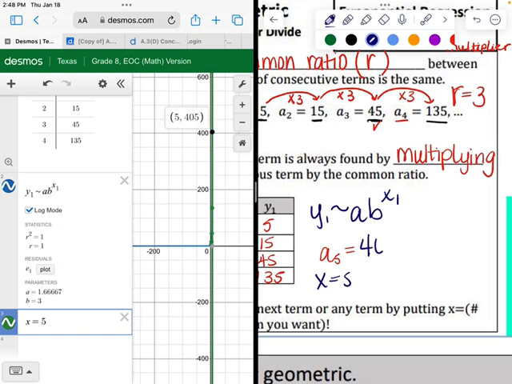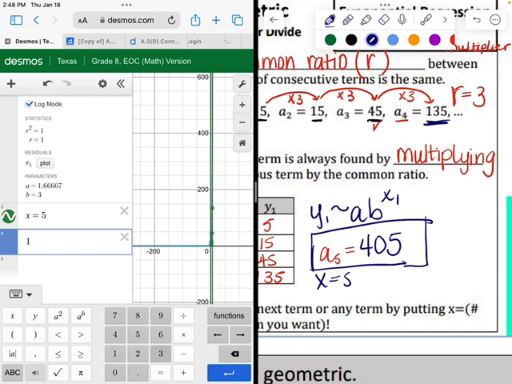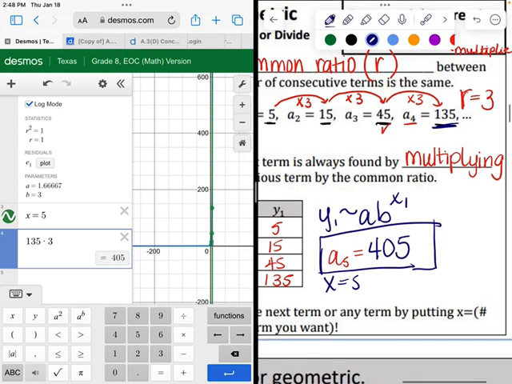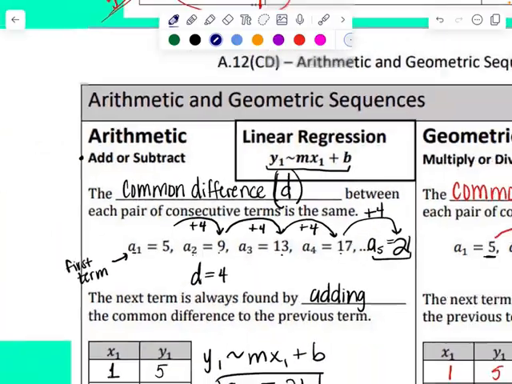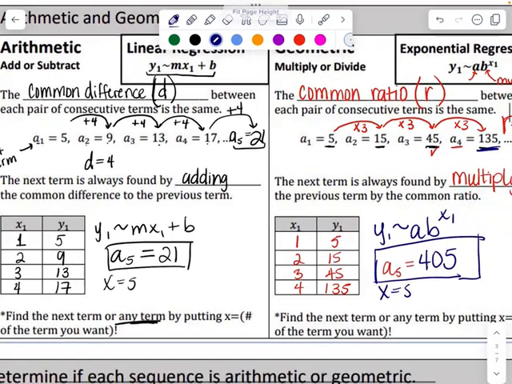So this lets me know my fifth term should be 405. And I can double check this number. If I multiply that times 3, so we said that was the multiplier. Yep, 405. So that's how I can use Desmos to help me out with the next term or whatever term I want.